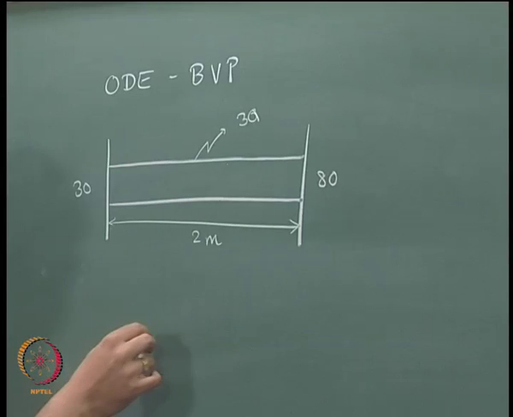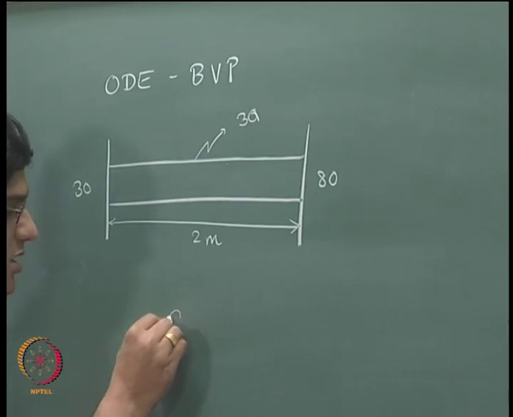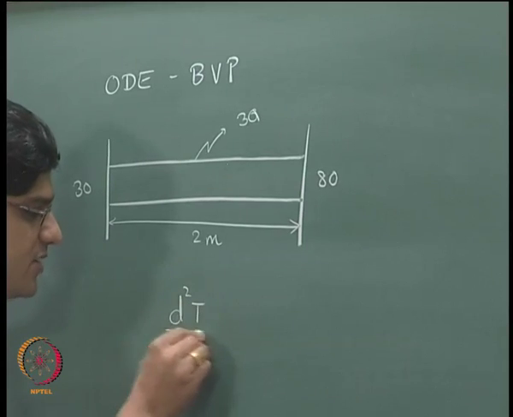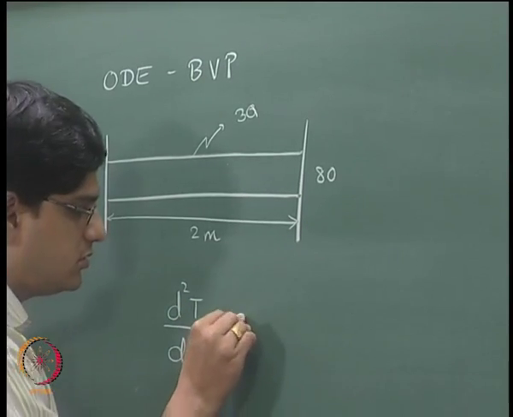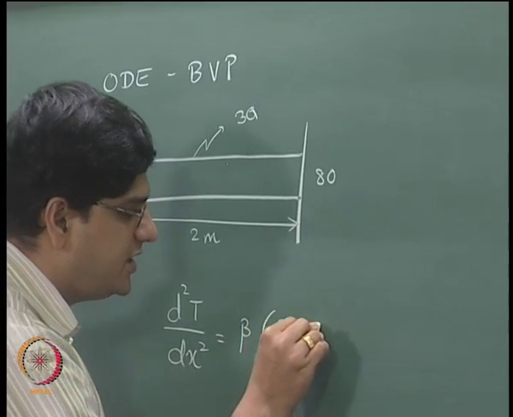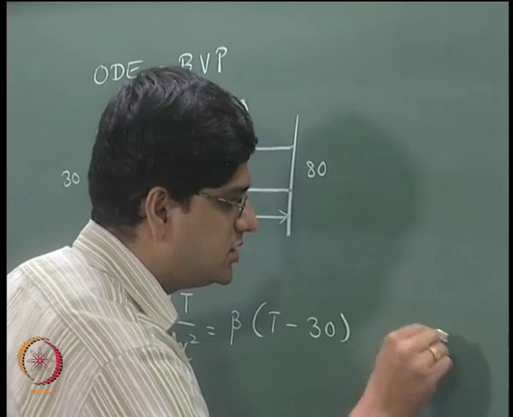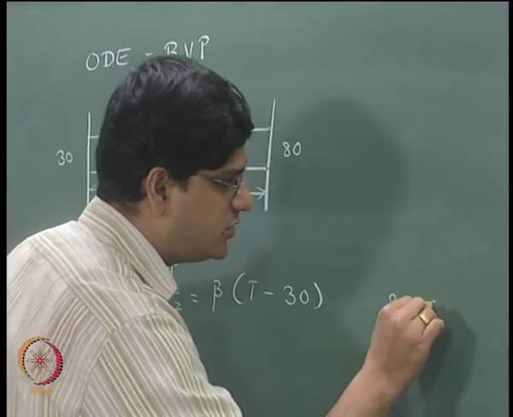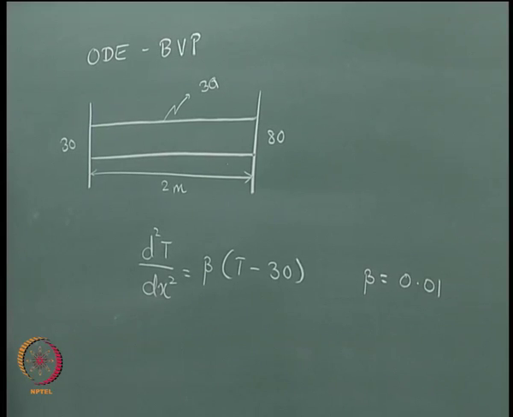The overall equation that we can obtain from this system is d square T by dx squared equal to beta multiplied by T minus 30, where the value of beta is 0.01. So, this is the example that we are going to take in this module.